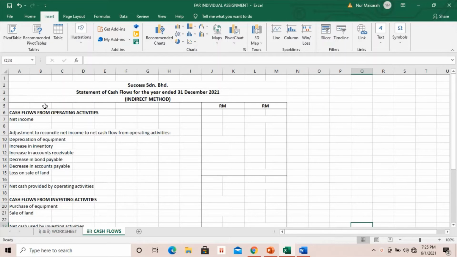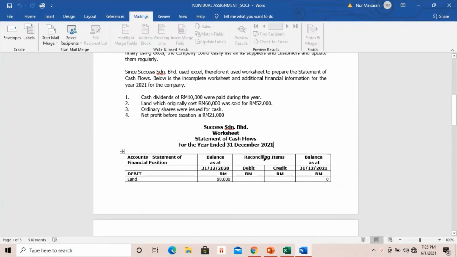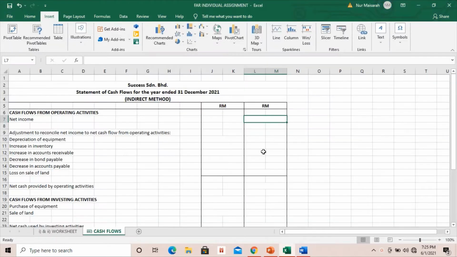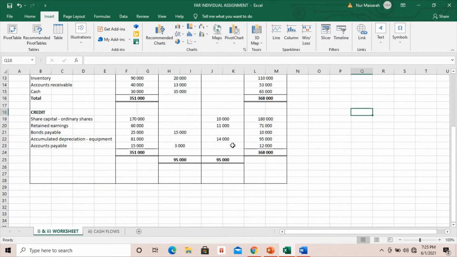So for cash flows from operating activities, for net income, we take the net profit before taxation, 21,000, which is our net income. And then the adjustments to reconcile net income to net cash flow from operating activities include the depreciation of equipment, which is 14,000.